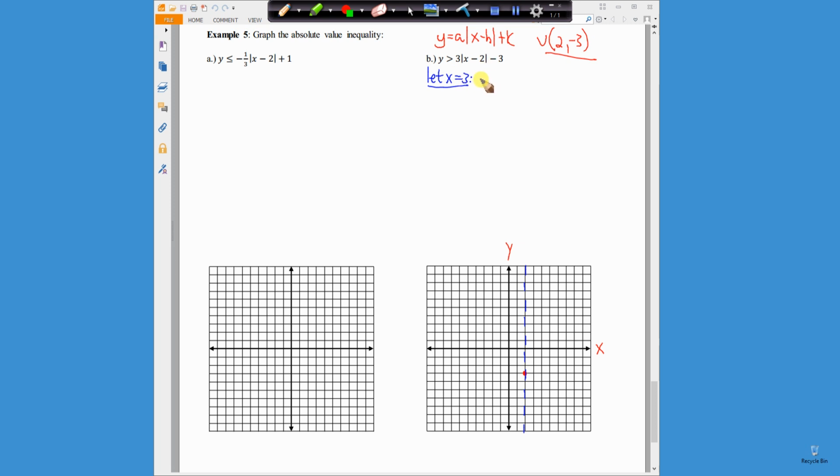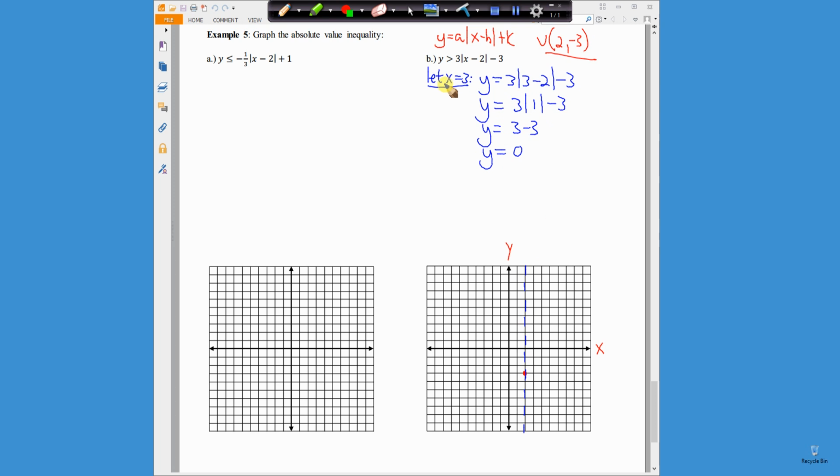Let's substitute that. y equals 3 times absolute value of 3 minus 2, minus 3. So y is 3 times the absolute value of 1 minus 3. Well, that gives me 3 minus 3, which is 0.